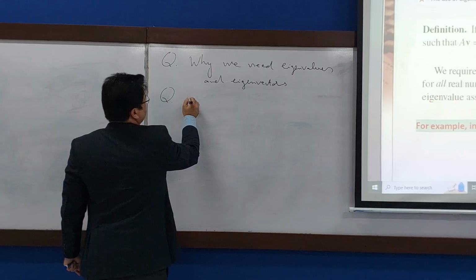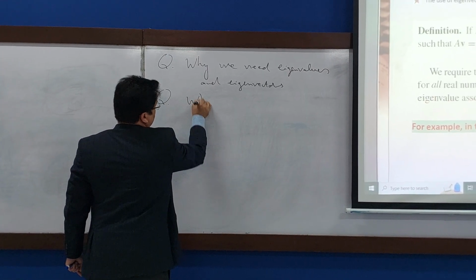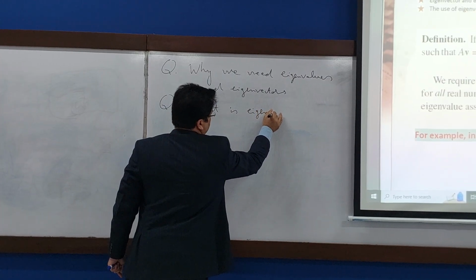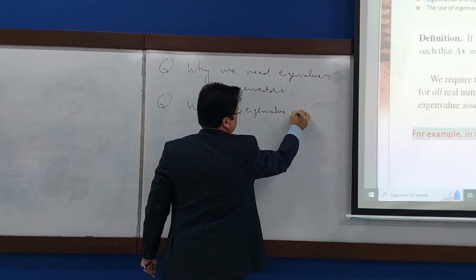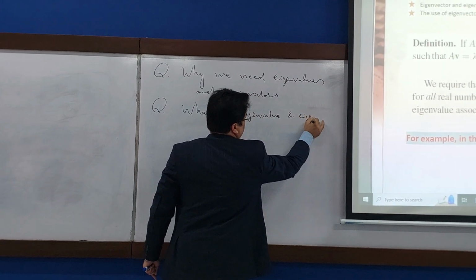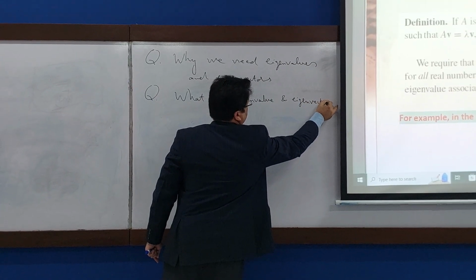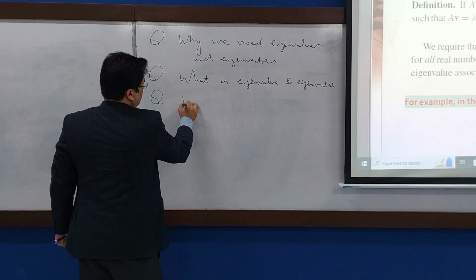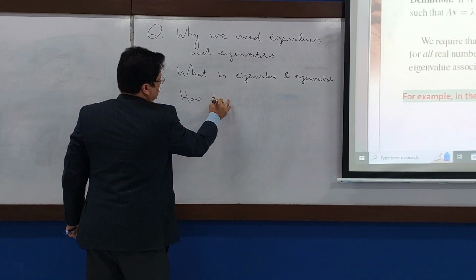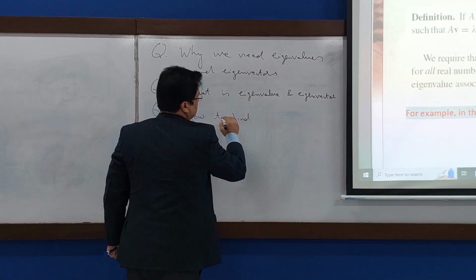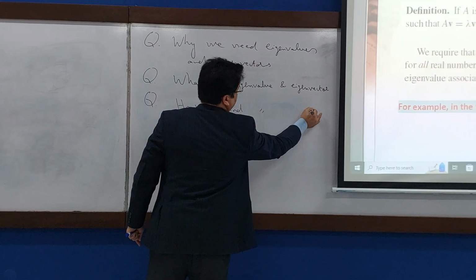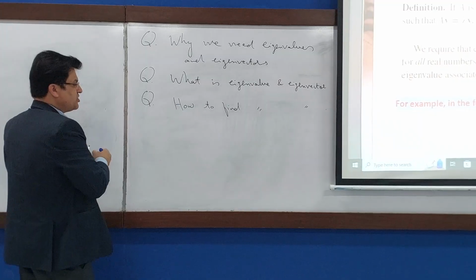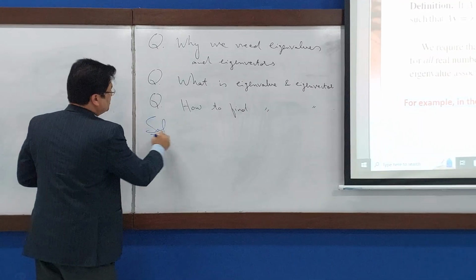Question number two is this: what is eigenvalue and eigenvector? And the third question is this: how to find these eigenvalues and eigenvectors.